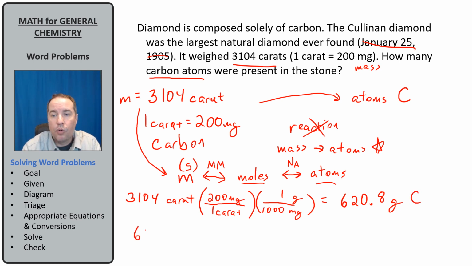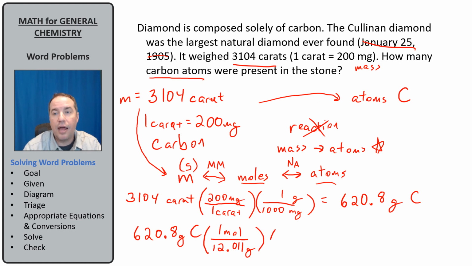And now we can use our molar mass, which we get from the periodic table, to convert to moles, and then from moles, using Avogadro's number, 6.022 times 10 to the 23, to atoms.